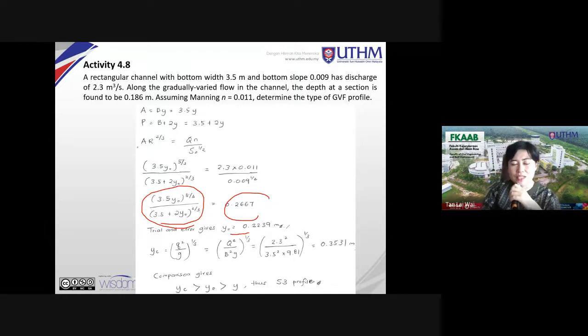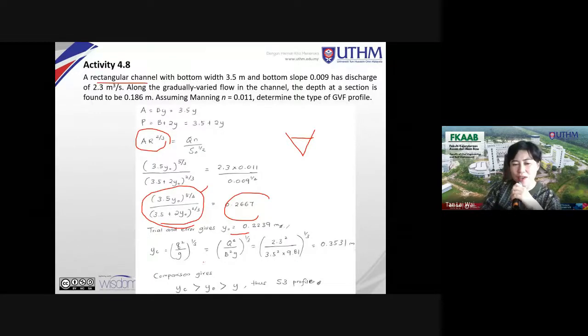For a triangular section, you can actually solve directly using section factor, but this is rectangular, so it's different. You need to go through trial and error.